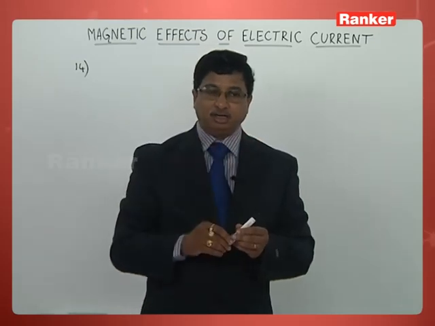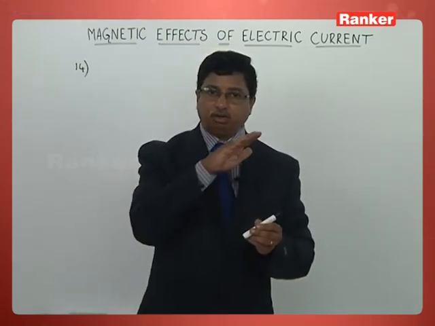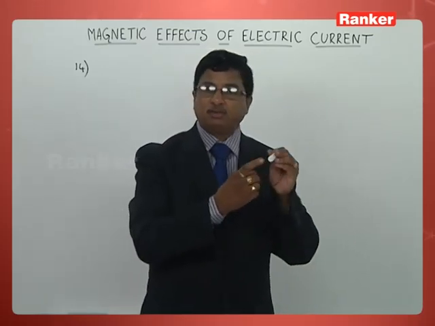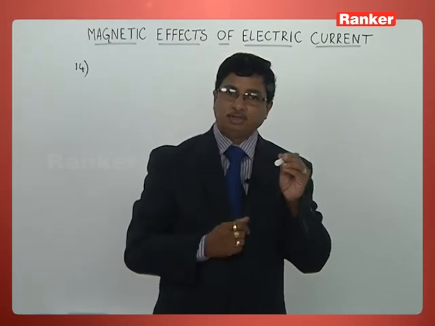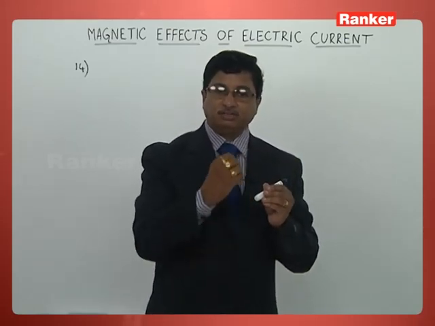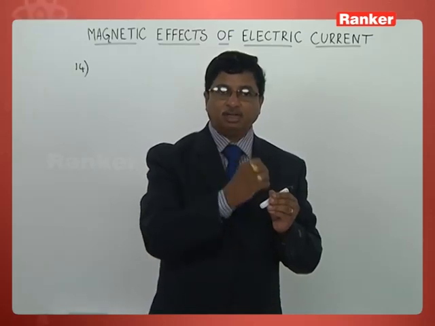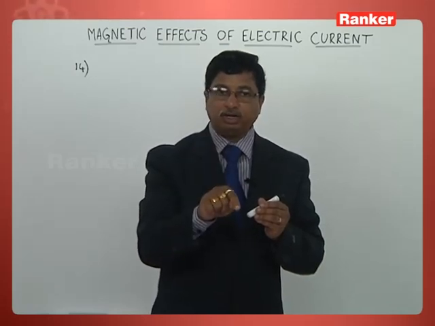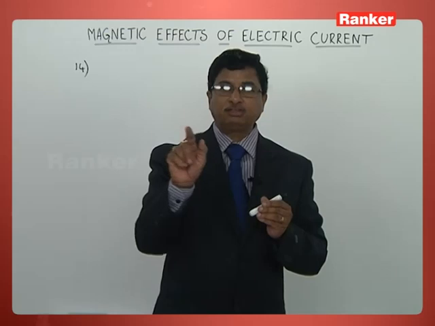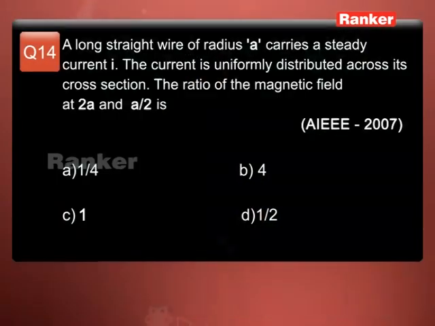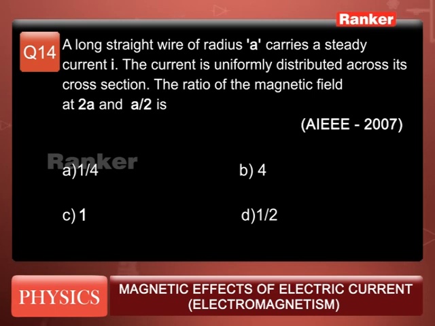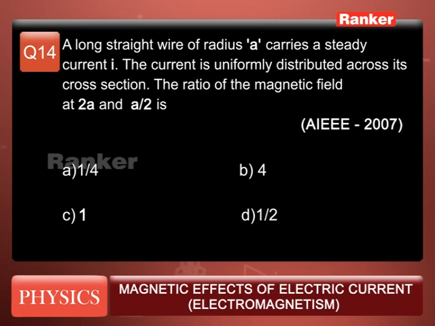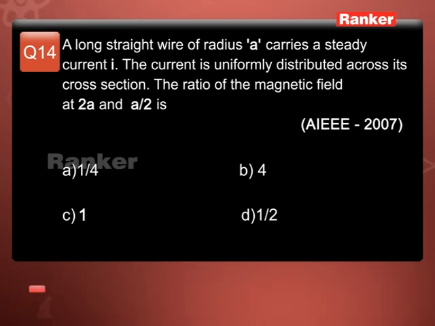A long straight conductor is a straight one, but he is giving a radius, which must be the radius of cross section of that straight conductor, which is carrying a constant or steady current I. Fine. The current is uniformly distributed across its cross section. The current is distributed 100% uniformly. That's what has been mentioned there.